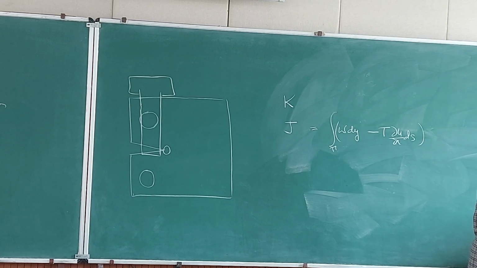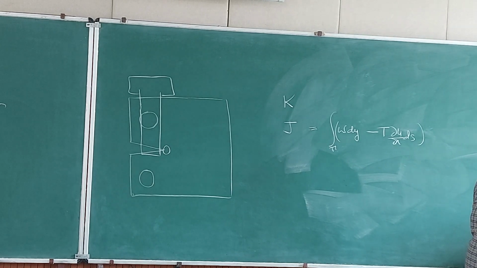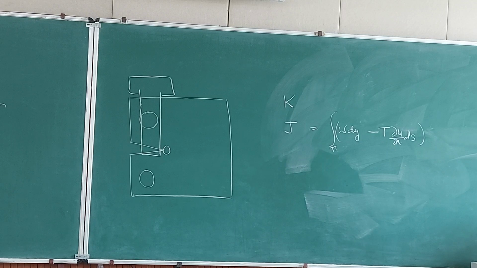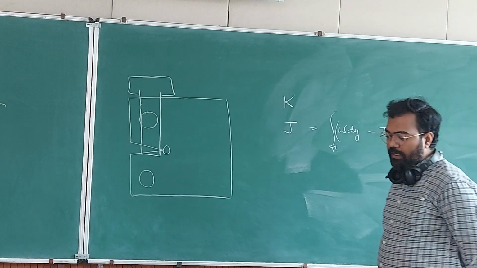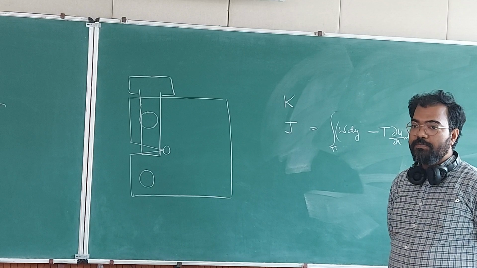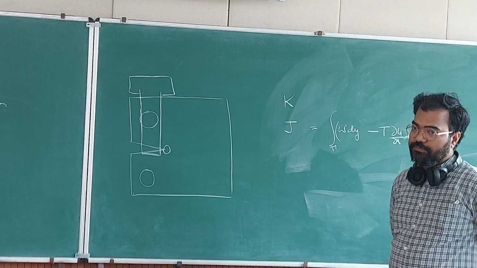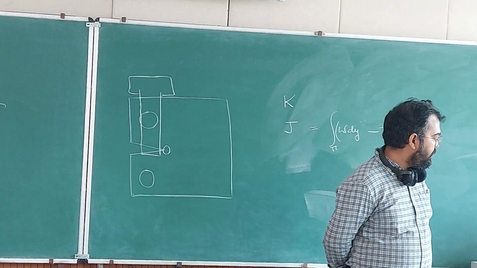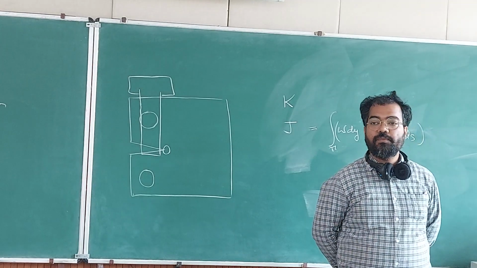So can we apply J? What was the condition for J to be valid, and what was the condition for J to be path independent? The advantage of the J integral was that it is path independent. Do you think it will be path independent in this case?